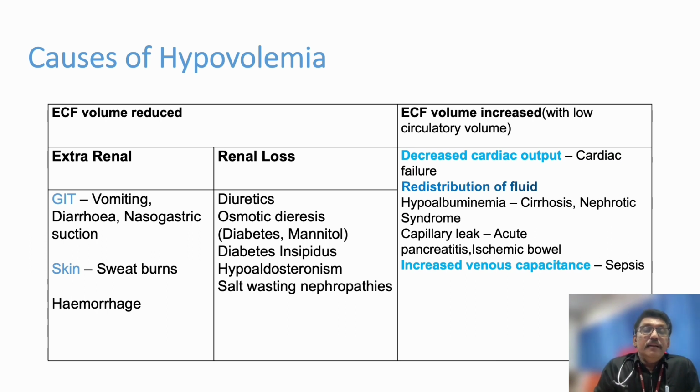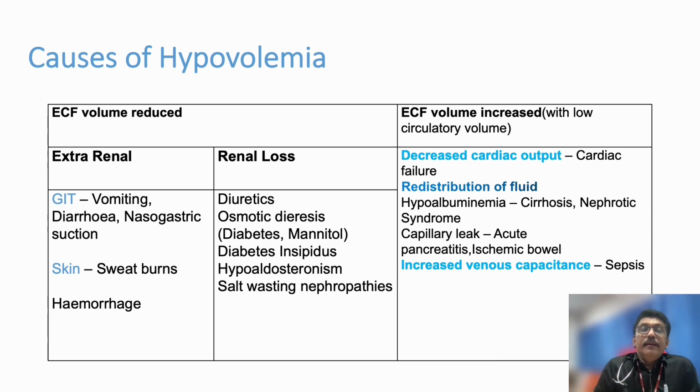Renal loss is mainly due to diuretics, osmotic diuresis, diabetes insipidus, hypoaldosteronism, some salt-wasting nephropathies, and diabetic ketoacidosis. All these things are very common. In that, DKA is one of the most common conditions we manage in the emergency room where there is severe hypovolemia. Other conditions in the extrarenal category are vomiting and diarrhea.